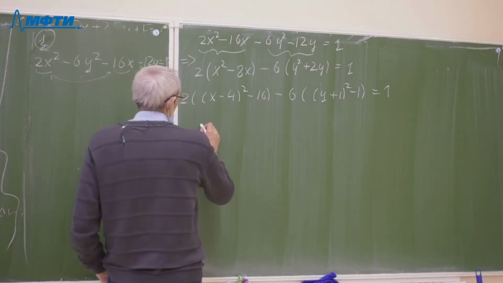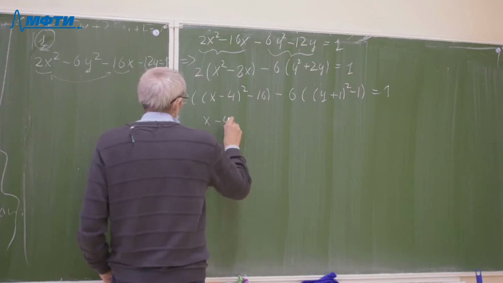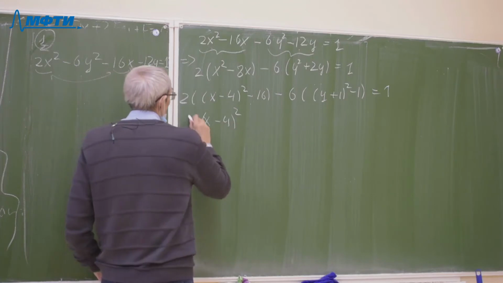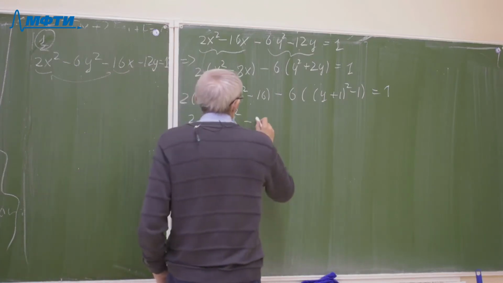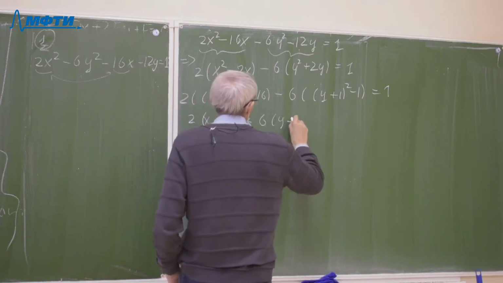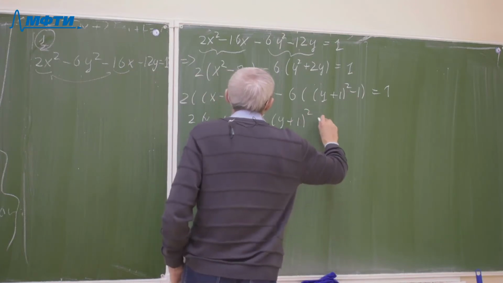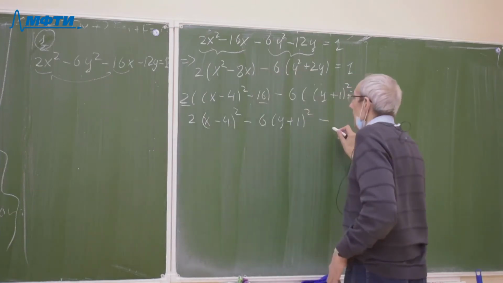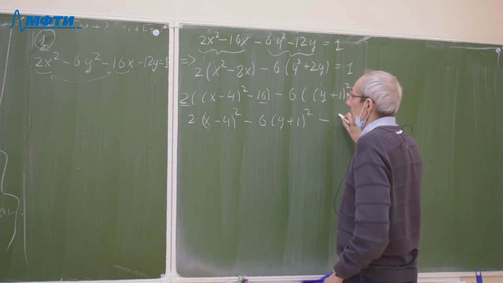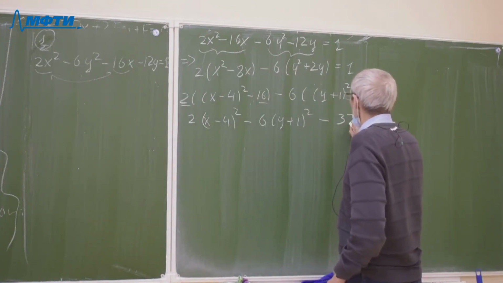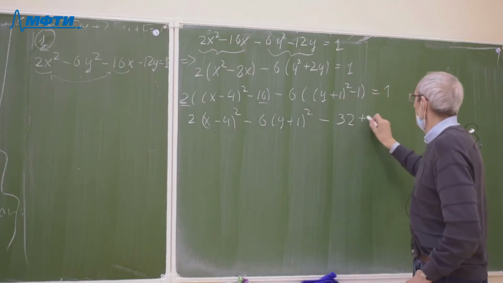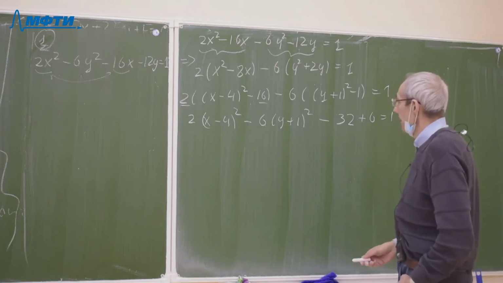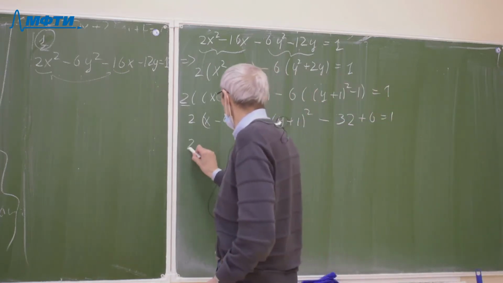And we obtain the following expression: 2 times (x minus 4) squared minus 6 times (y plus 1) squared, minus this one and this one gives us 32 plus 6, is equal 1.